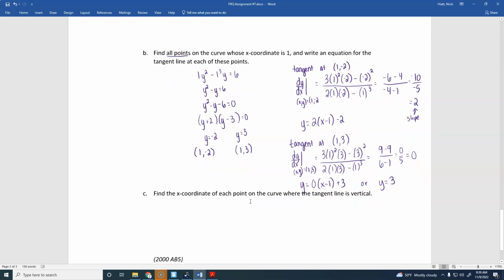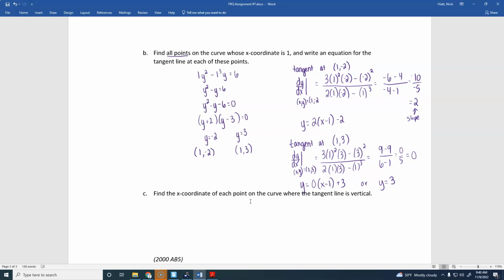All right, so C says find the x-coordinate of each point on the curve where the tangent line is vertical. All right, so if the tangent line is vertical, what do we know? We have a vertical slope. What do we call that?